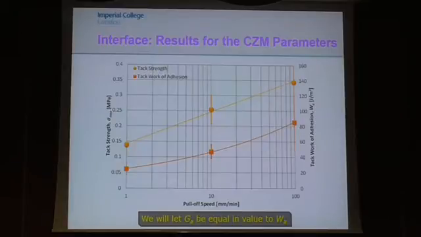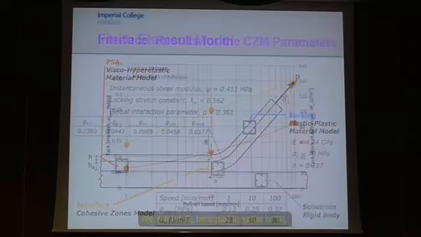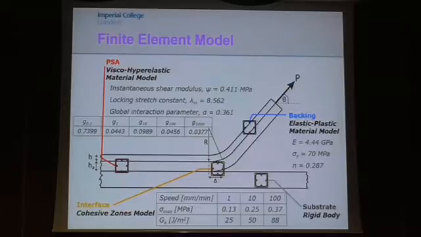I've called that WA, and in this work I've assumed that the tack work of adhesion is equal to the fracture energy. So I've done 3 different sets of tests, and now essentially have everything I need to put into my model. I have the backing material parameters, the adhesive parameters, and the interface parameters.